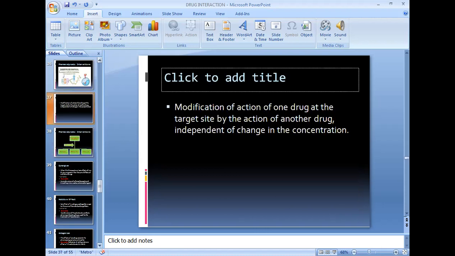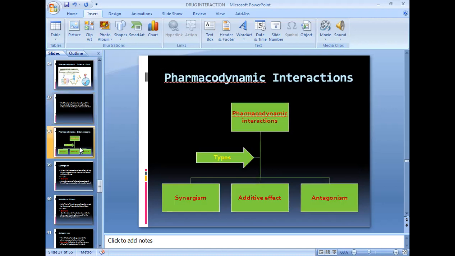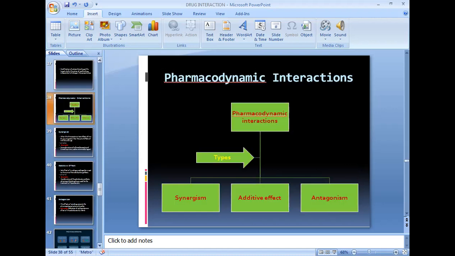We can say that it is the modification of the action of one drug at the site or at the target site by the action of another drug, and it is independent of change in concentration. It can be of different types: synergism, additive effect, and antagonism.